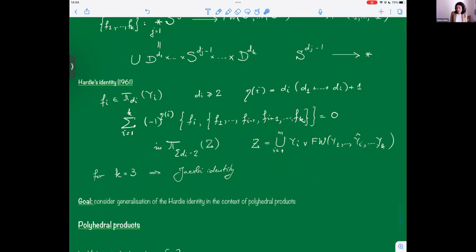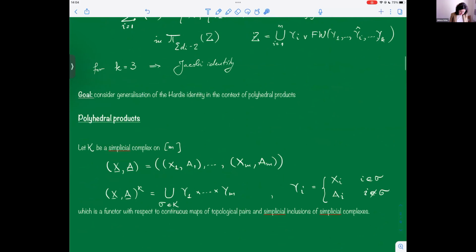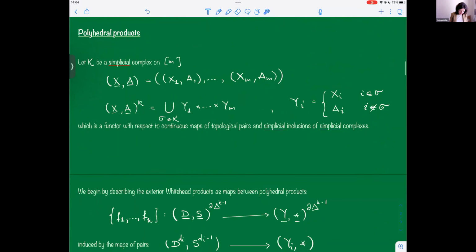look at the homotopy theory of polyhedral products and try to describe various Whitehead maps or higher Whitehead maps into polyhedral products and see whether we can use the combinatorics of polyhedral products to help us determine some generalizations of the Hardy identity. Okay, so what is a polyhedral product?